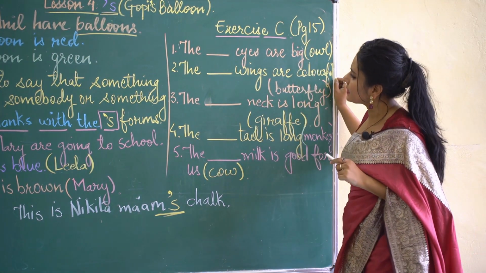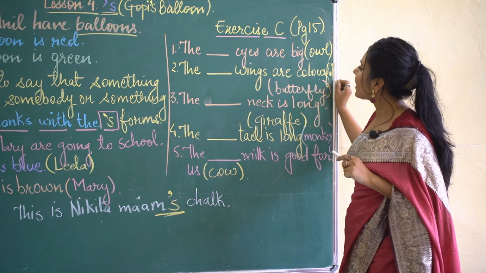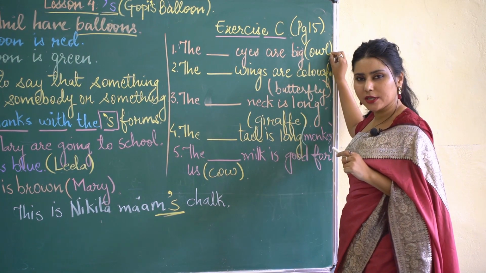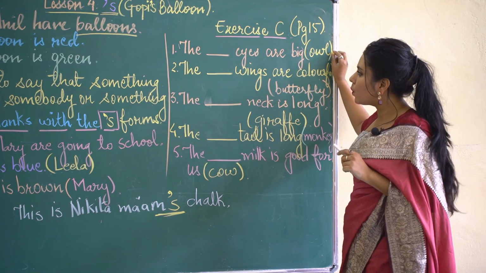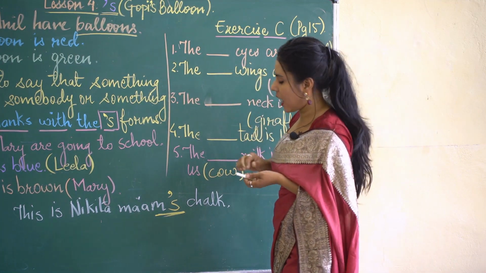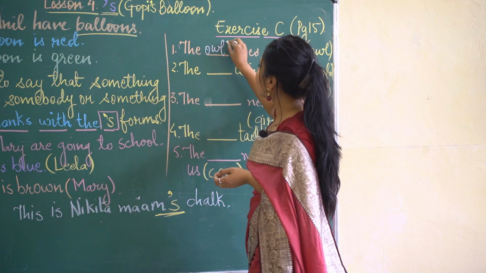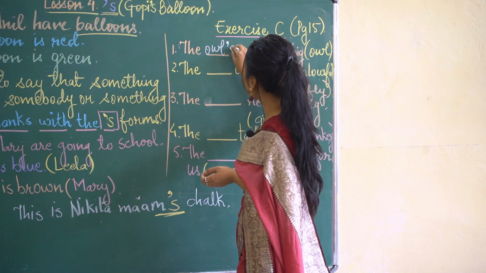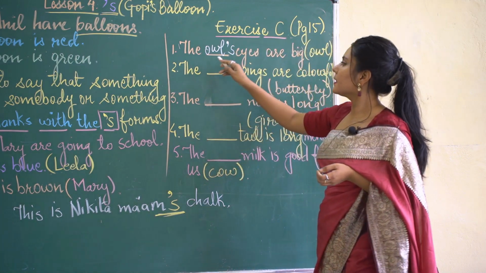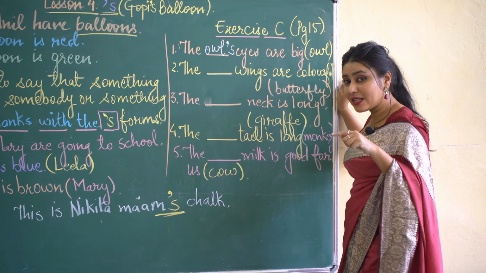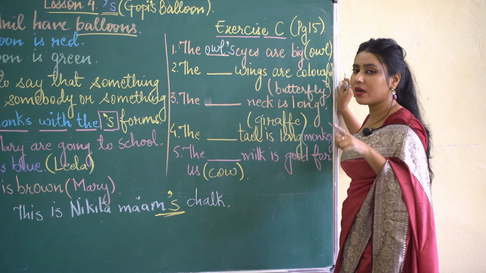The first one is given that the dash eyes are big. Now what animal or what bird is mentioned here? Owl. You will simply write an owl here, O-W-L, but then you will apply an apostrophe S. So it becomes the owl's eyes are big. That means eyes of owl, they are really big.